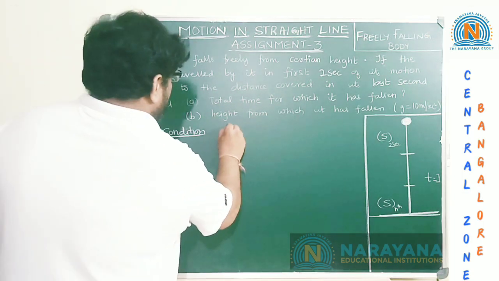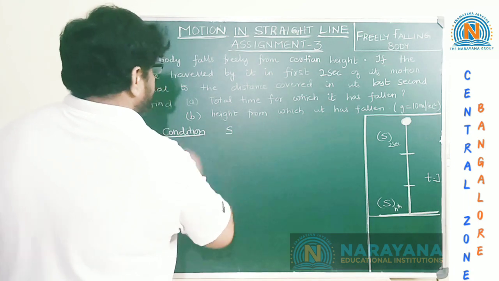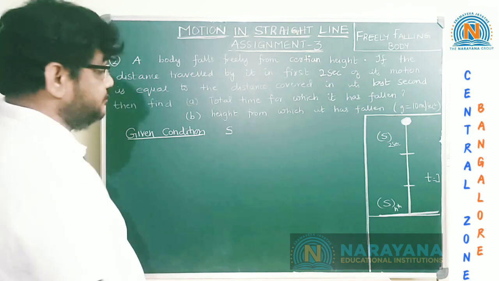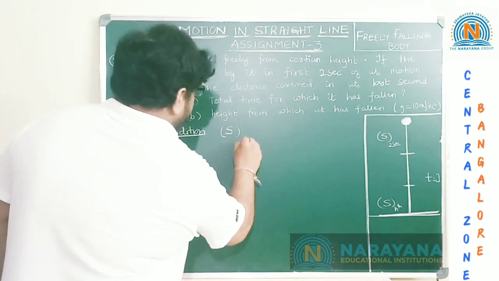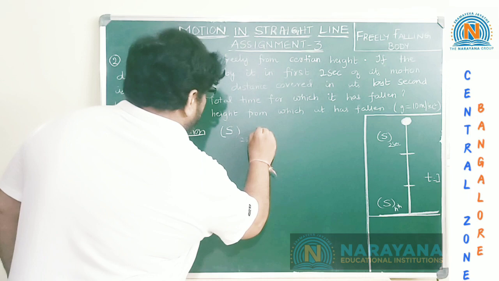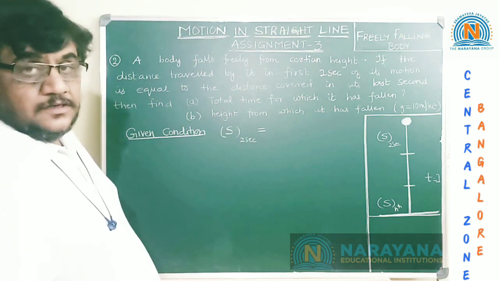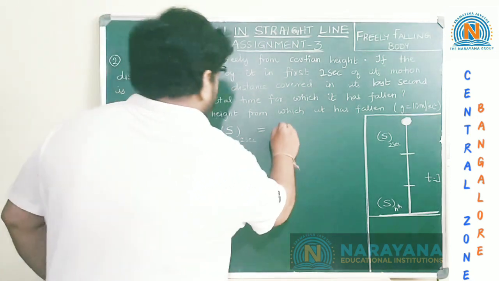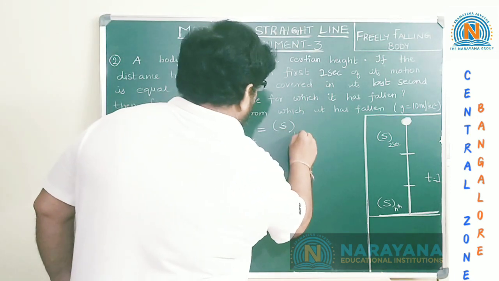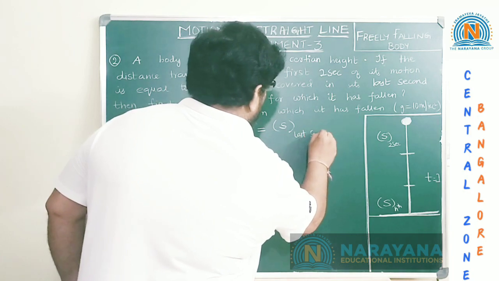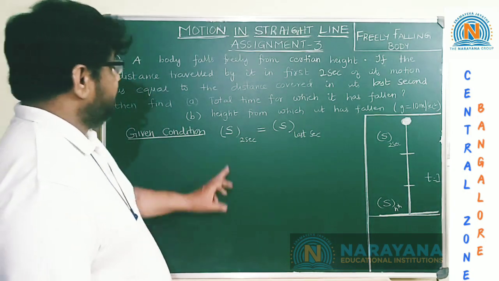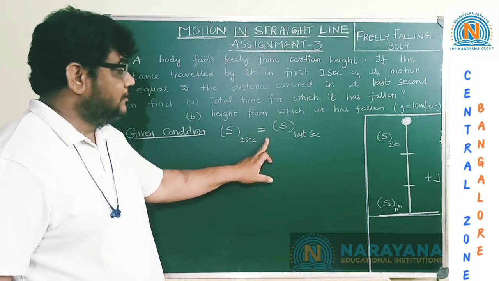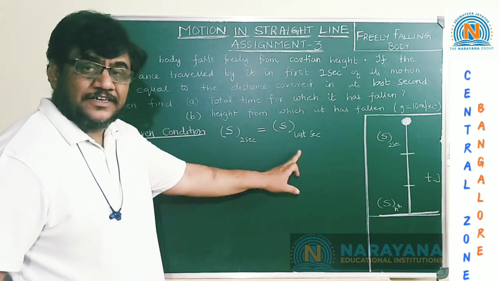The distance travelled by the object, distance is denoted by the letter S. Distance travelled by the object in 2 seconds is equal to the distance travelled by the same object in the last second. This is the given condition.